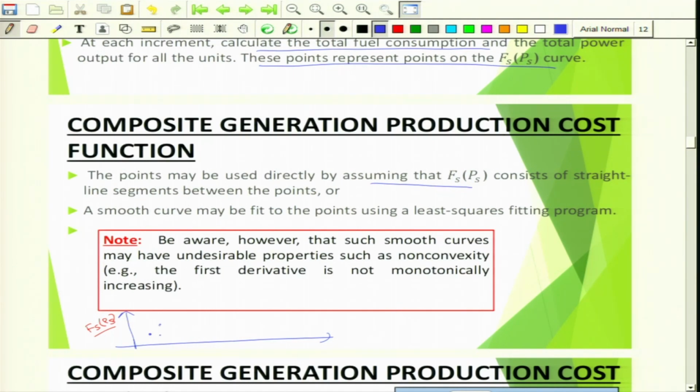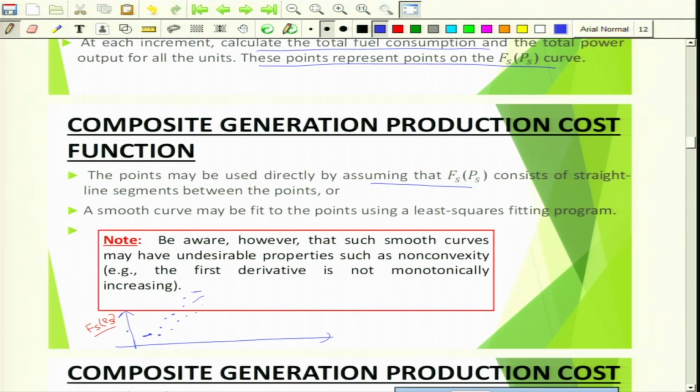You are getting the dots like this. That means you are obtaining this by choosing the n number of generators, taking the minimum of one of them, and then moving forward from lambda minimum to lambda maximum, and ultimately reaching the maximum value like this. This is the most minimal value, and this is the most maximum value.